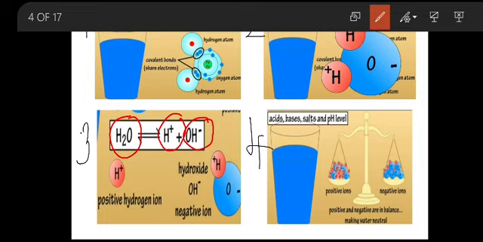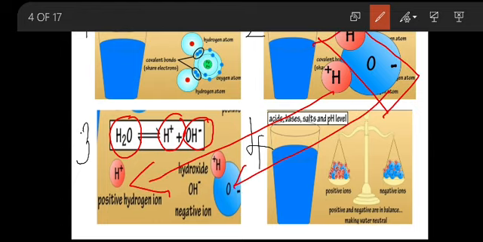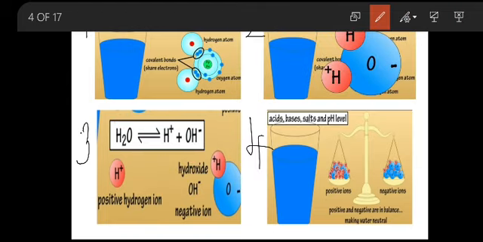I have separated this water molecule H2O into two different parts, one hydrogen and the remaining OH. When I mix these two, I will get water, and if I separate them, I will get a separate hydrogen ion and the remaining OH.